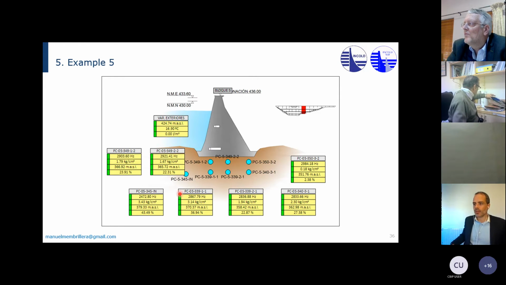For these piezometers, we have frequency in hertz, we have pressure, we have absolute piezometric level, meters above sea level, and then percentage of pressure in relationship to the pool level at that exact moment.